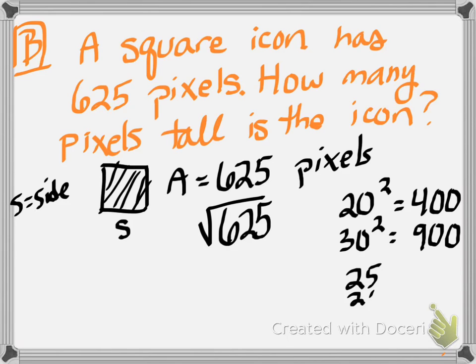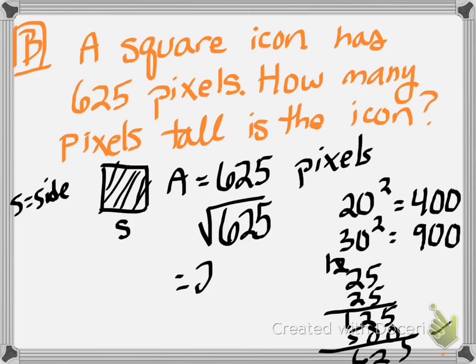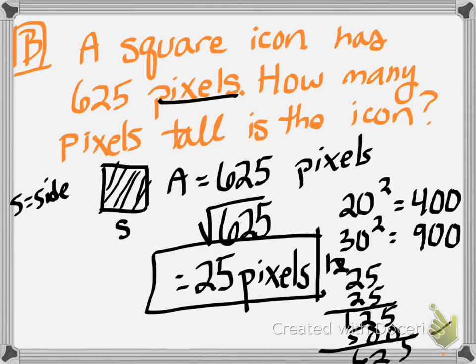And I'm going to actually multiply it out because I can't do that one in my head. 125, 10, and 625. That worked. So the square root of 625 is 25, and I'm talking about pixels, so the answer is 25 pixels. There's 25 pixels on this side, 25 pixels on the other side.